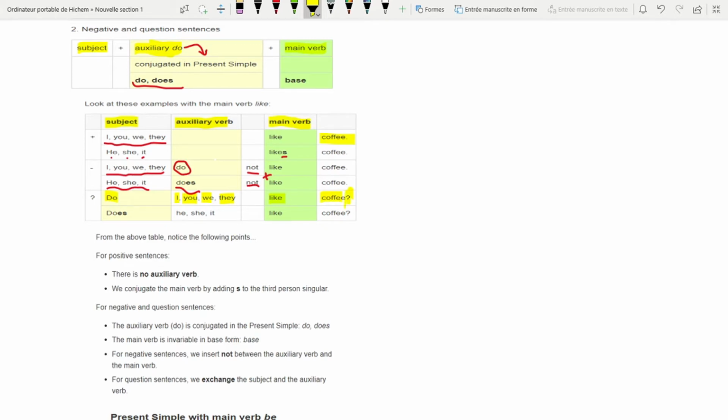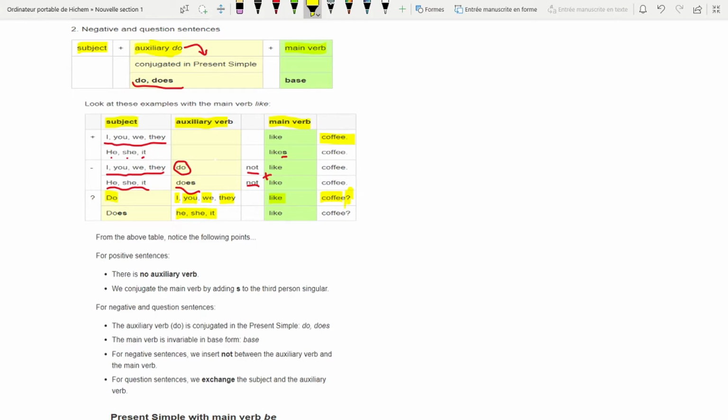We use do when it's I, you, we, or they, and we use does when it's he, she, or it. So for instance, you say, do you like coffee? Or does he like coffee? So this is how we form these types of sentences, either positive, negative, or a question, using the present simple.